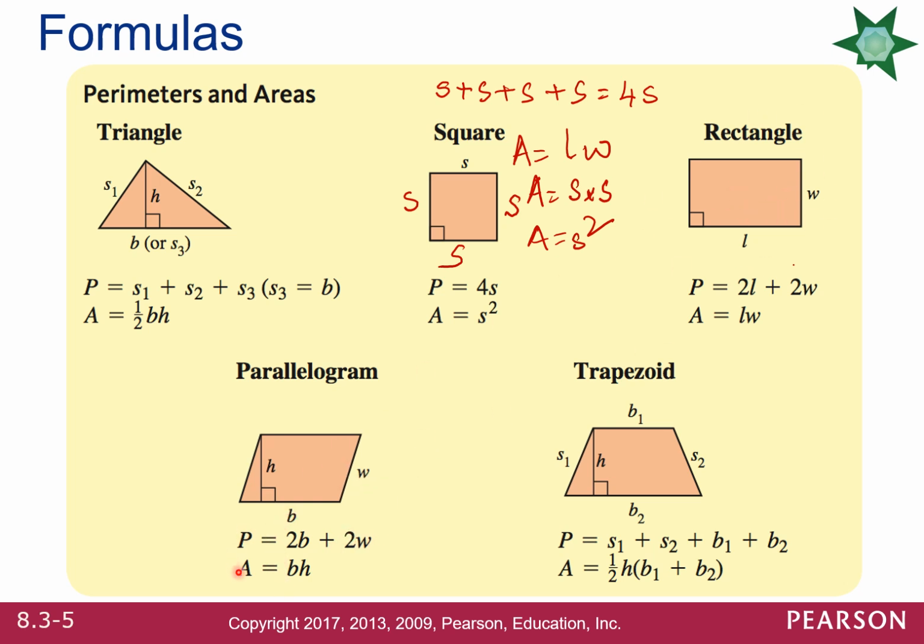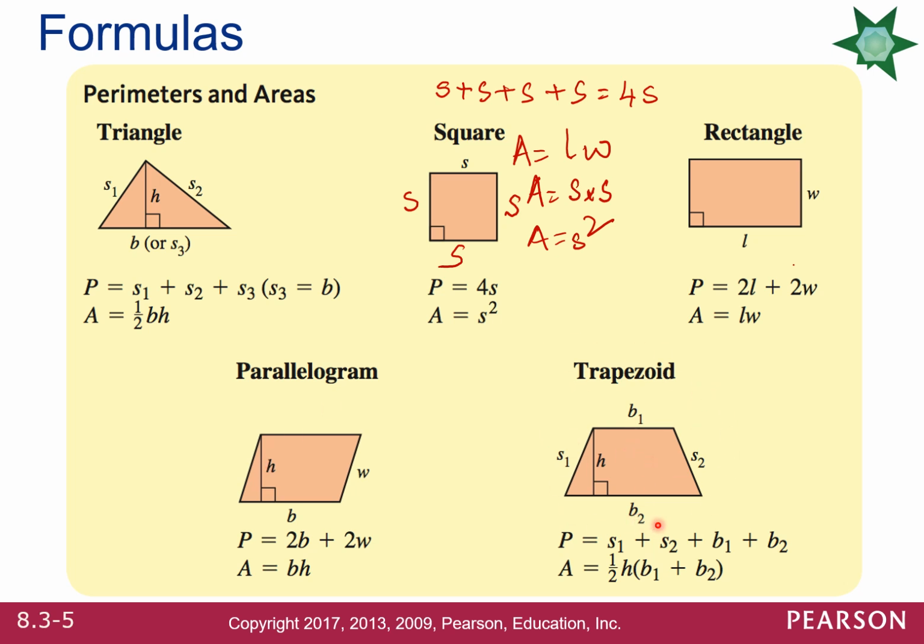And then the area would be B times H, so base times height. So measure of one side multiplied by the height taken from the base, from that particular side, the base, all the way up to the opposite corner, one of the opposite corners of the parallelogram.